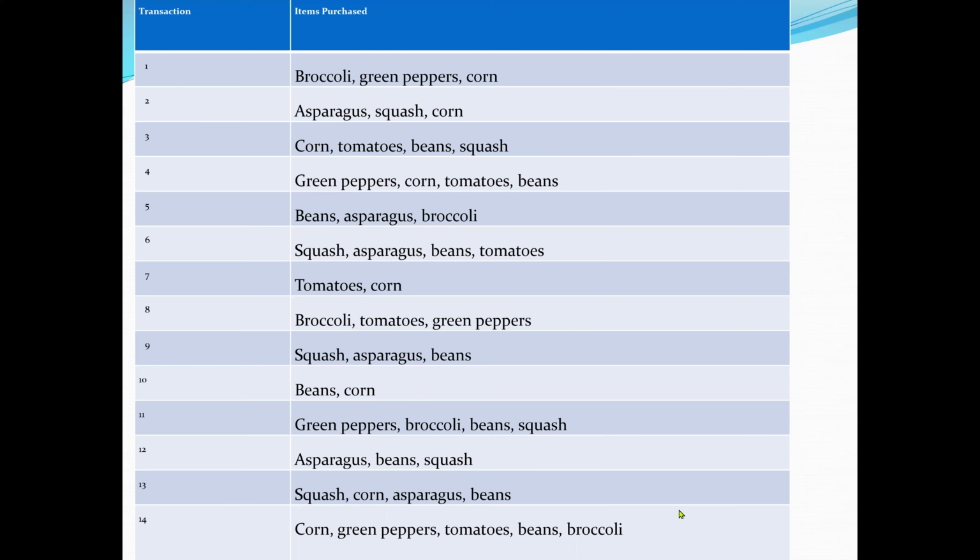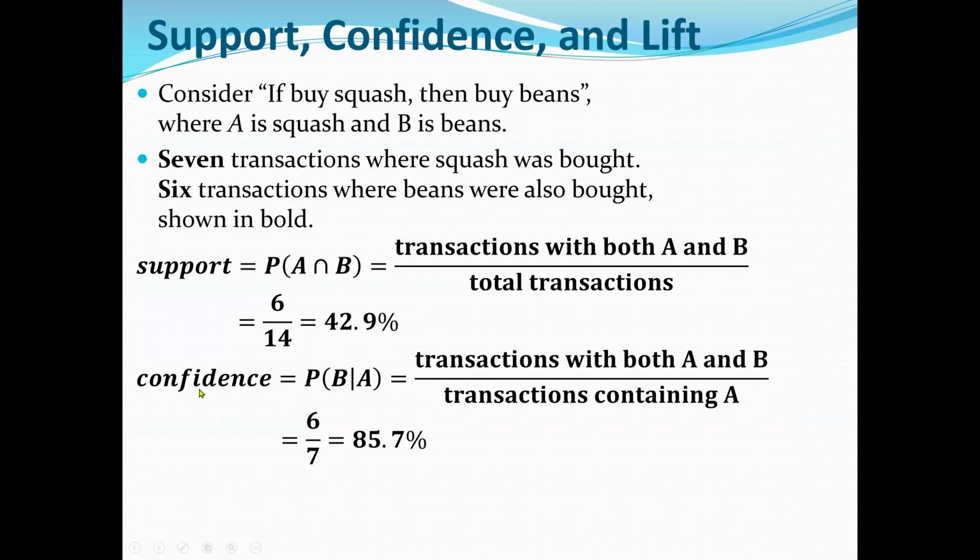The last one, we don't have any squash. So that's correct, 7. So the confidence will be 6 divided by 7, which is 85.7%, which is very good, almost 0.87, close to 1.